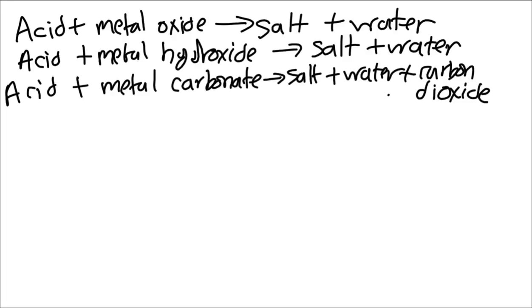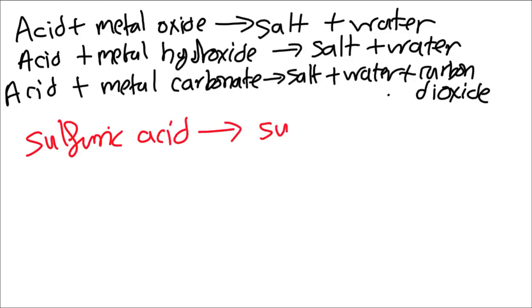Now, the salt that forms in this neutralisation does depend on the acid that you have, and you need to know what acids produce what salts. So if I took sulfuric acid I will produce a sulfate.